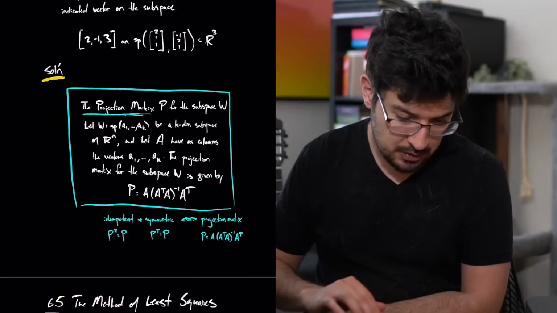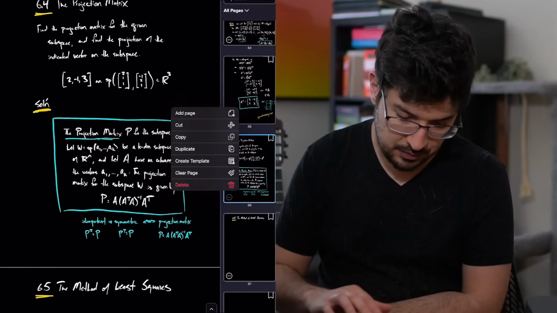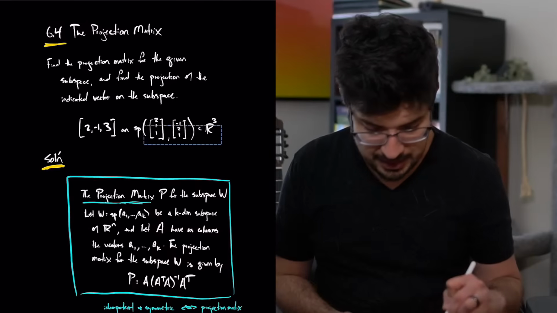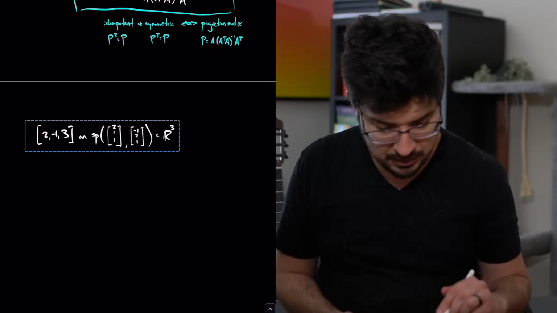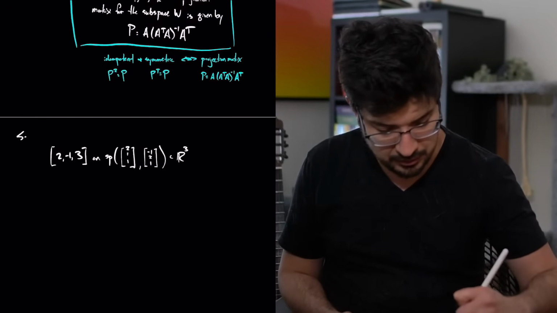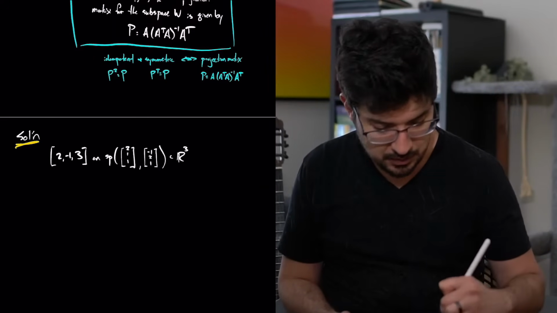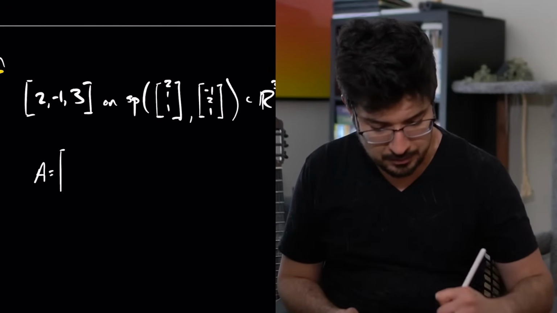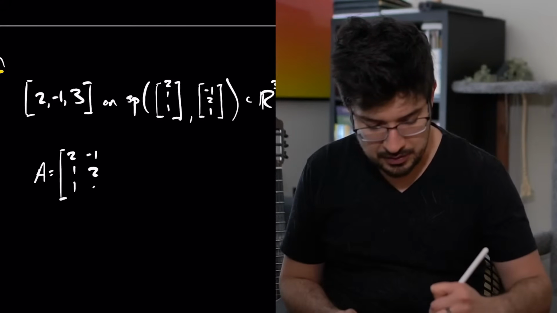Okay. So knowing this, we can use that formula to find the projection matrix and then find the projection of that vector. So A is the matrix with these column vectors.